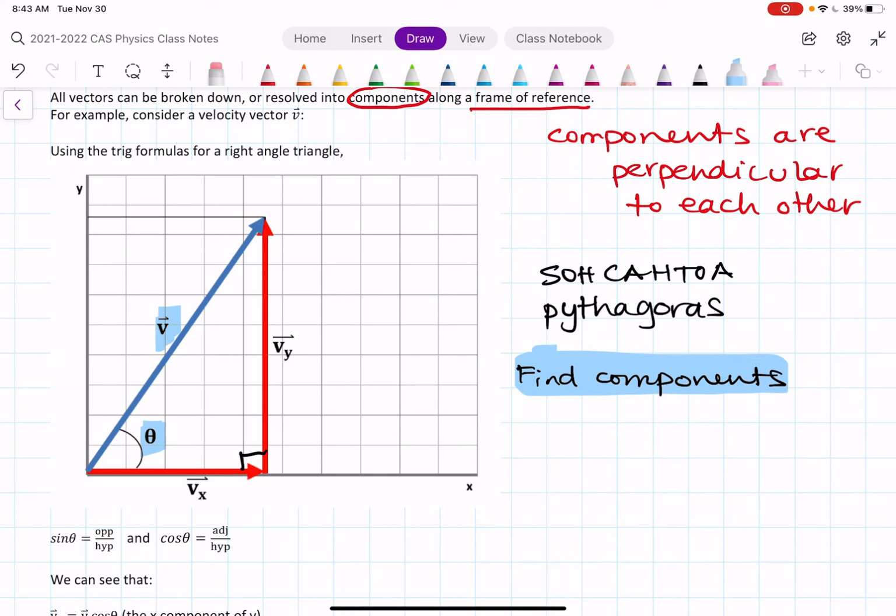I'm finding components if I know the actual vector and the angle. For the x-axis, you can see that Vx is the adjacent. So you can use this principle: cosine of theta equals opposite over adjacent.